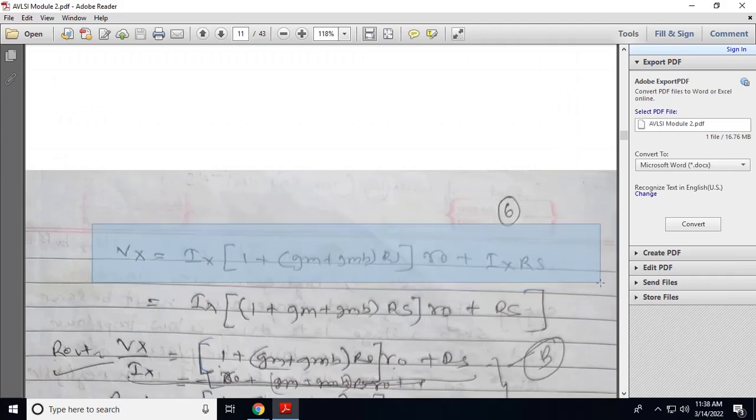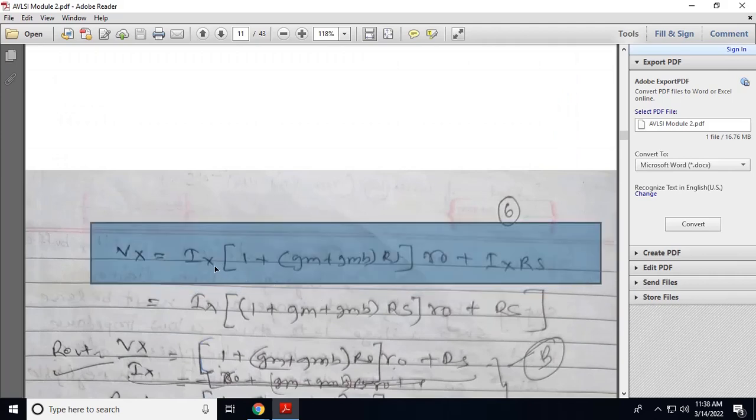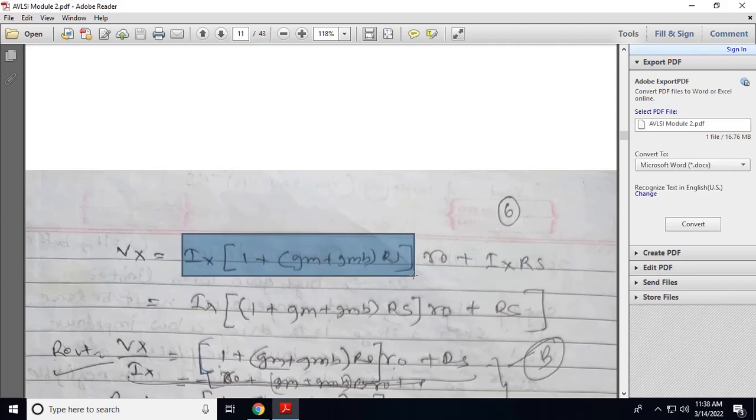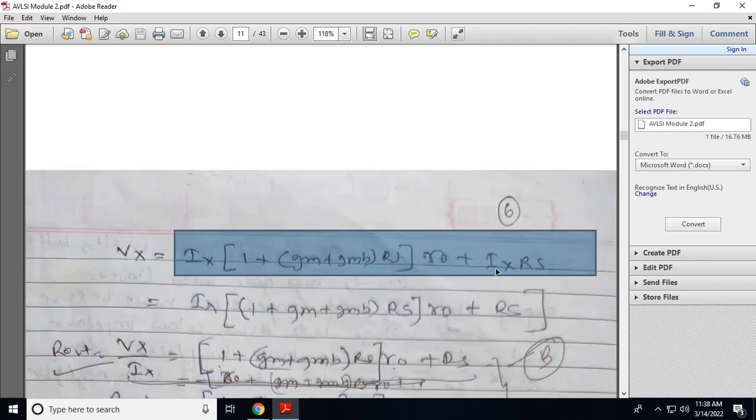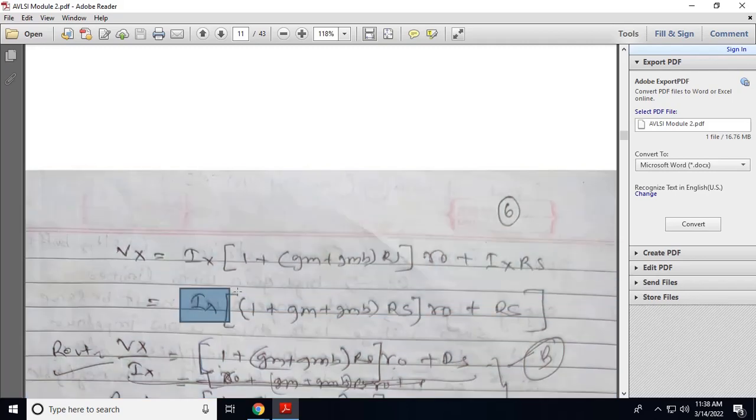So Vx is equal to Ix, this is the IR0 we put here, Ix plus Ix into (1 plus (Gm plus GMB) into Rs) into R0, plus Ix into Rs. We take Ix common, so it is 1 plus (Gm plus GMB) into Rs into R0 plus Rs.